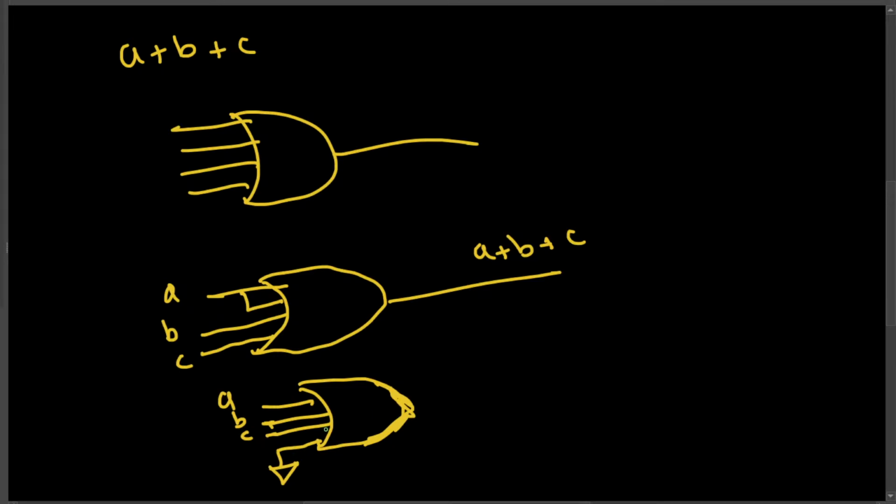So the 0 doesn't affect. So we can connect one of the lines to the ground, and that's still going to give us A plus B plus C. But when we are dealing with the AND gate, we have to do this a little bit differently. The first one works. Let's look at the AND gate.